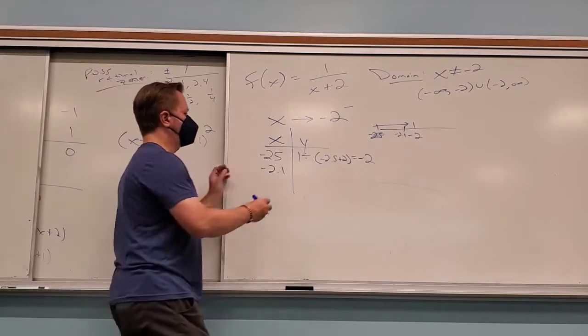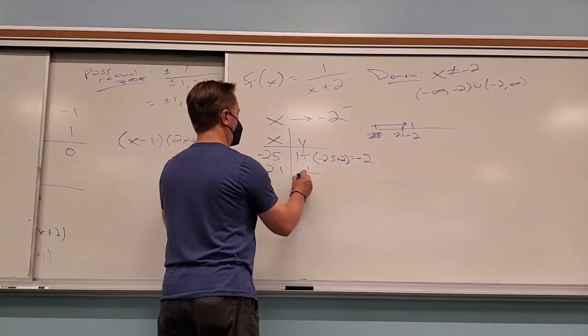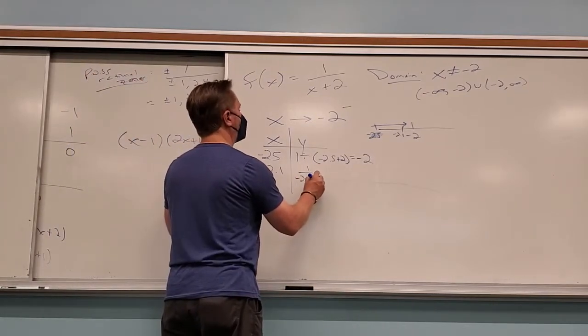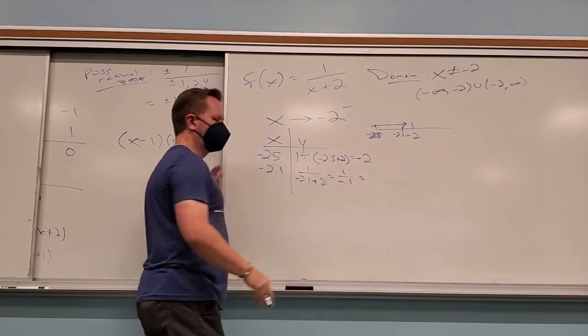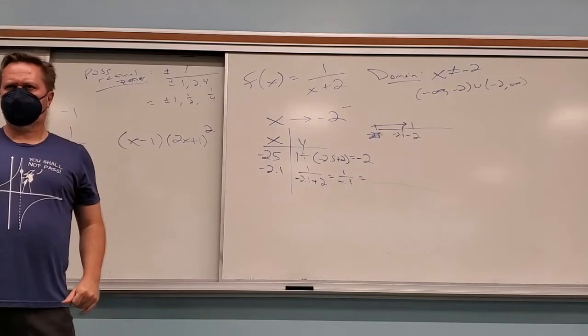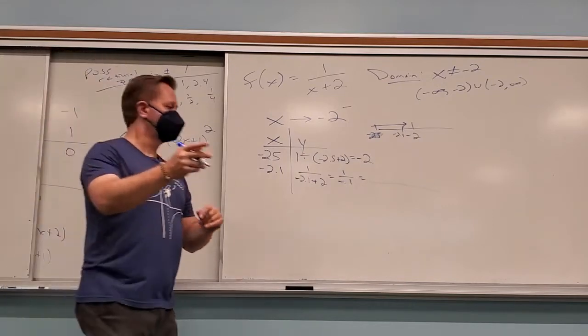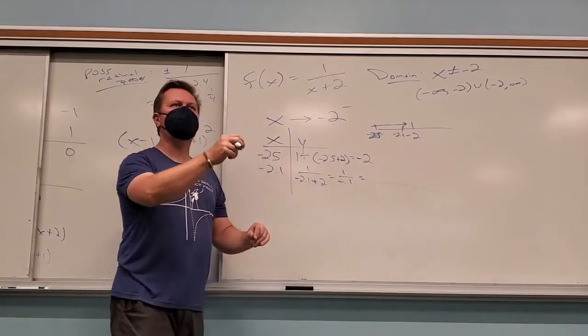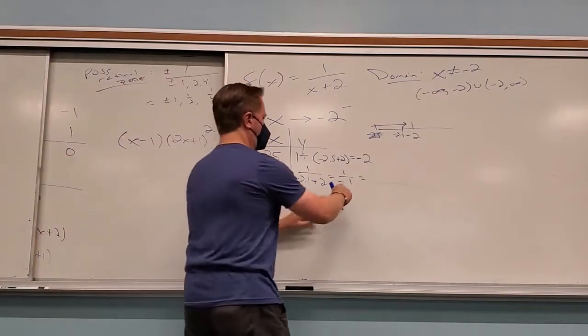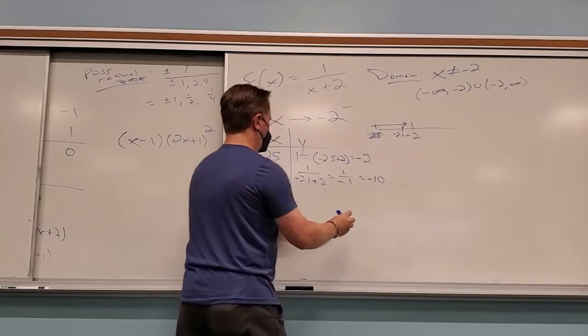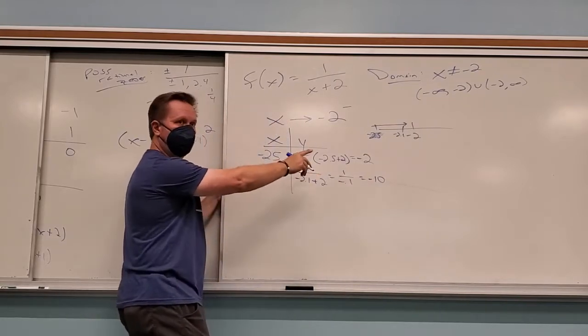So when you put a negative 2.1 in there, see? Negative 10, because 0.1 is 1/10. 1 divided by 1/10 is 10. So that's negative 10. So you can kind of see the idea already.